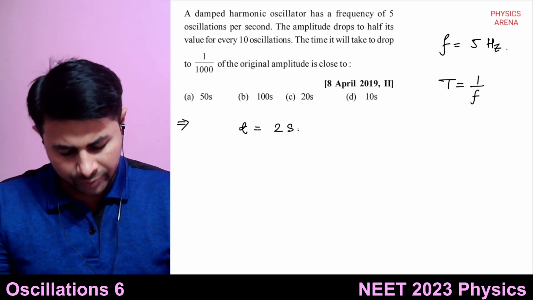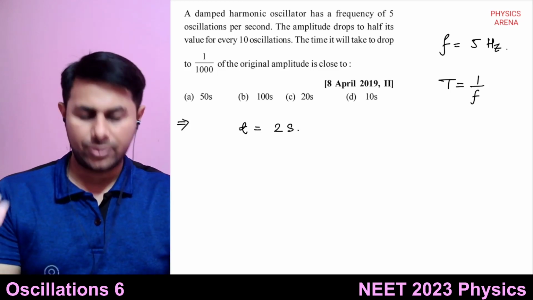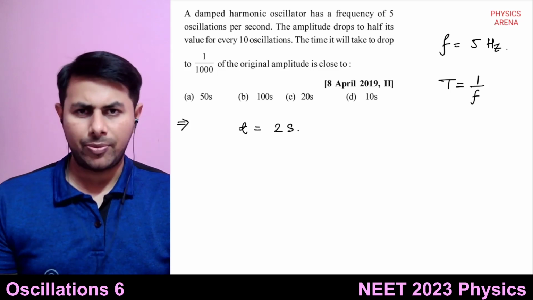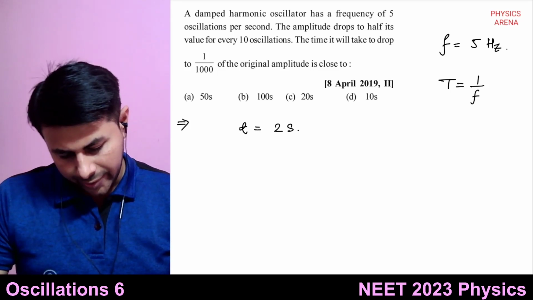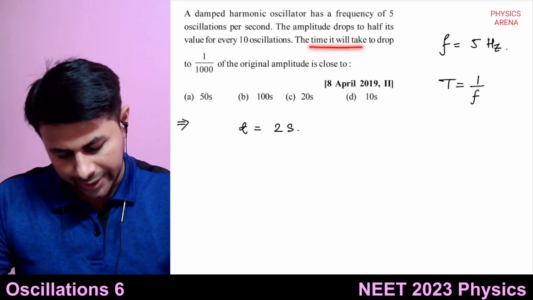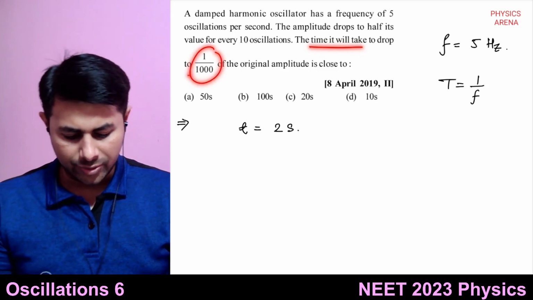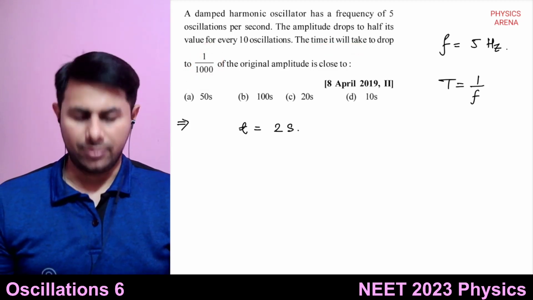So for t equals 2 seconds, its amplitude drops to half of its value. Then the time it will take to drop to 1 by 1000 of the original amplitude.